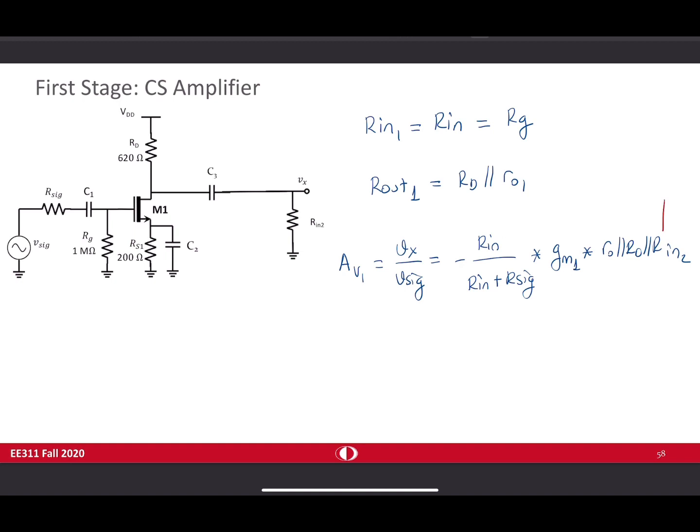And if I can find this Rin2, then I know AV1 value without any problem. So you can find the numerical values. I'm not going to solve the numerical values. Expressions are more important here.